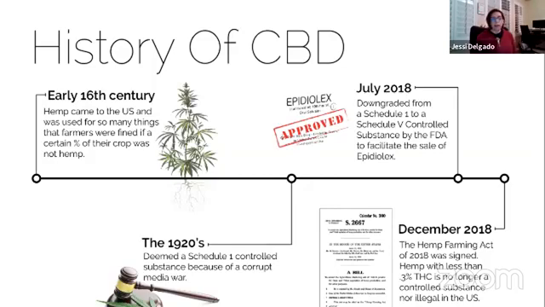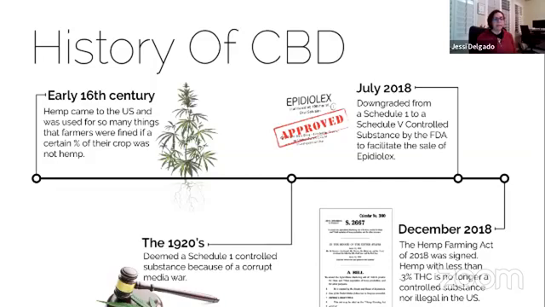This category is for substances that have no benefit and have high potential for abuse. However, in July of 2018, CBD was downgraded from a Schedule 1 controlled substance to a Schedule 5 controlled substance, meaning that it has some benefit and the potential for abuse is low.